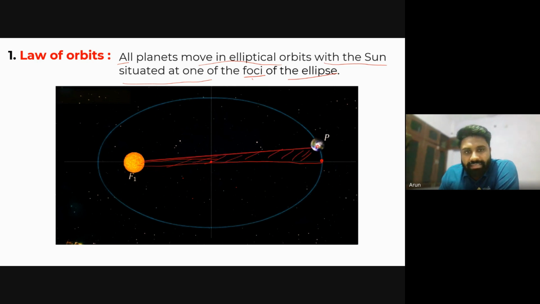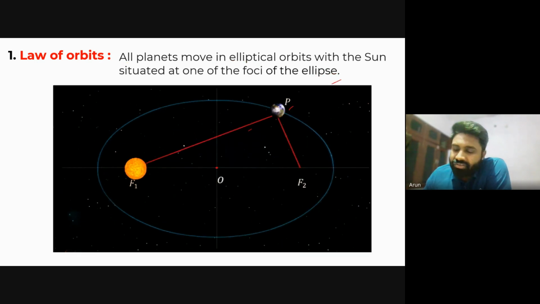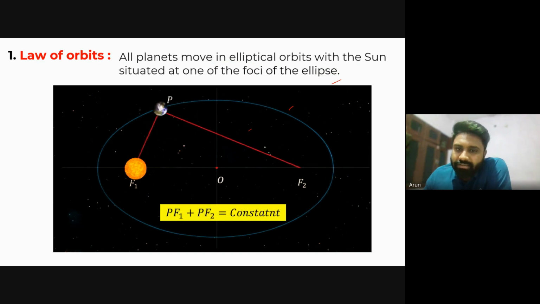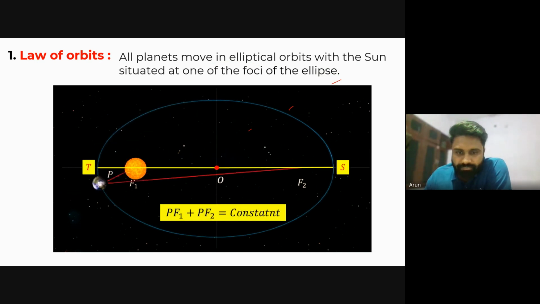So this area swept by this line per unit time is a constant quantity. Got it? Now, you can say that change in area per unit time is the aerial speed. Okay?